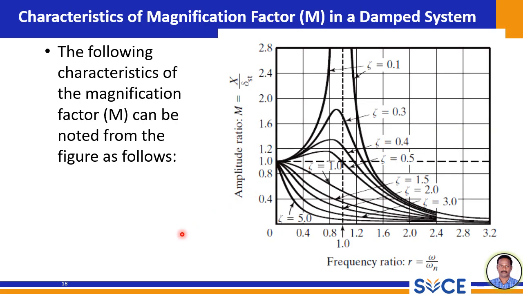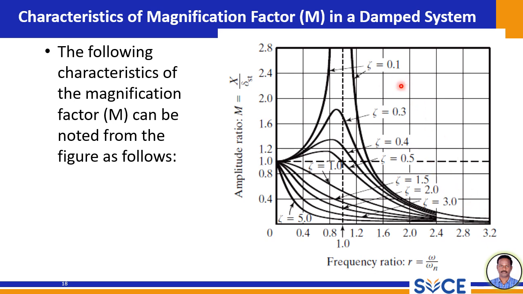Now, let's analyze the characteristics of the magnification factor denoted as M, which is the same as the amplitude ratio X divided by del static in a damped system. The graph shows the magnification factor M plotted against the frequency ratio omega by omega n for various values of the damping ratio. Let's observe the key characteristics, that is, the effect of damping ratio.